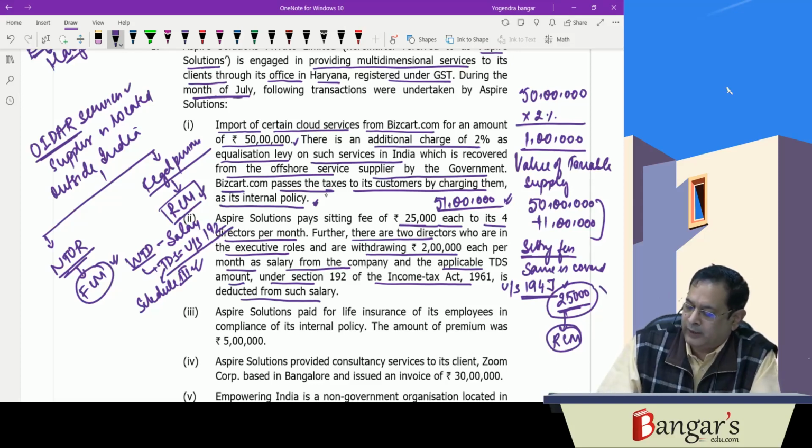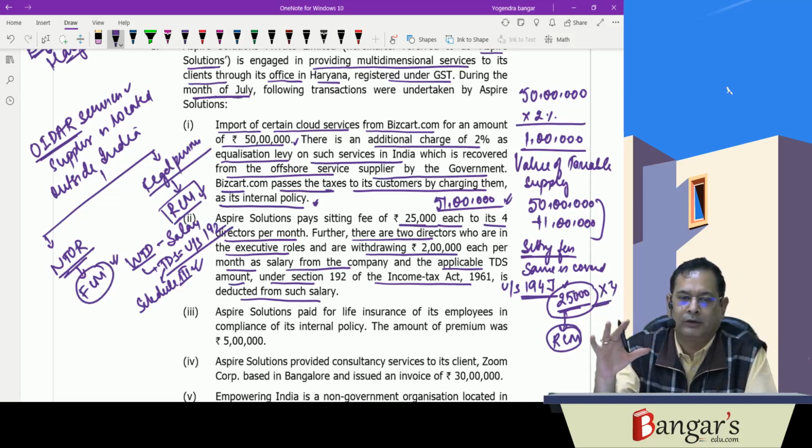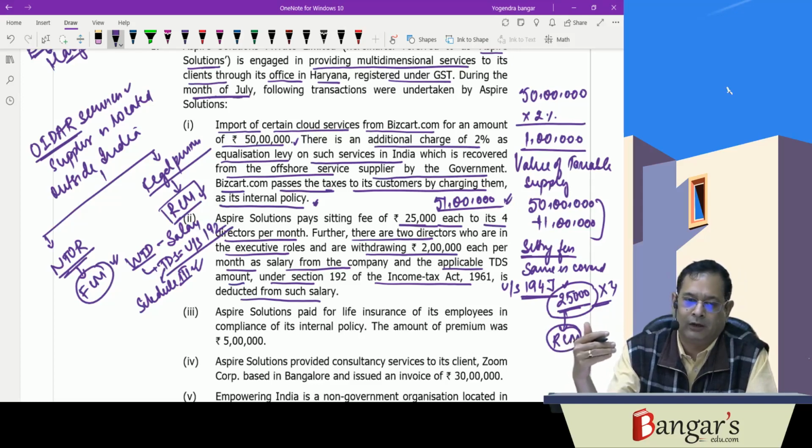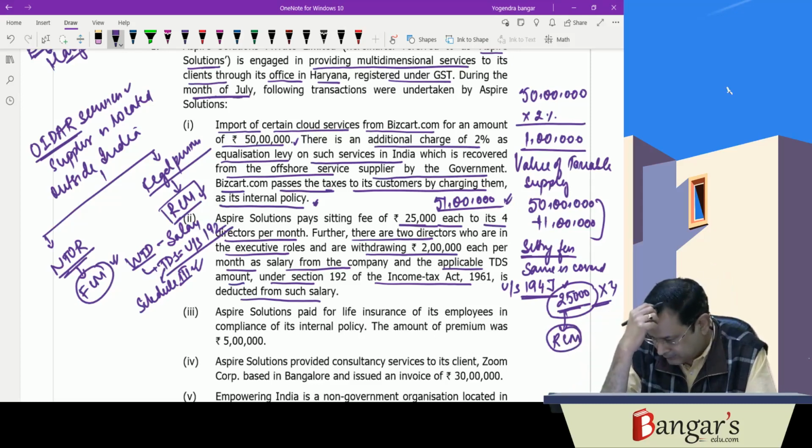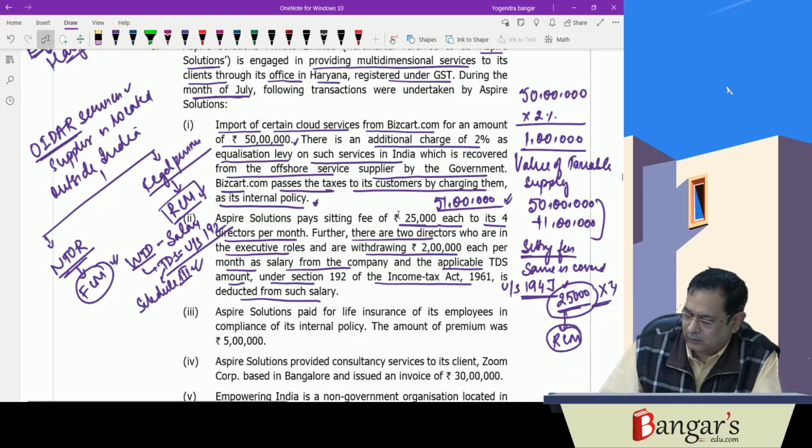So there are 4 directors. The sitting fees are not covered under the ambit of Schedule 3 and will be liable to GST, and the company is liable to pay tax under RCM.